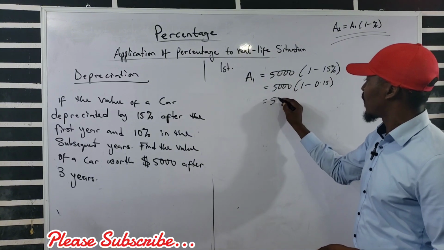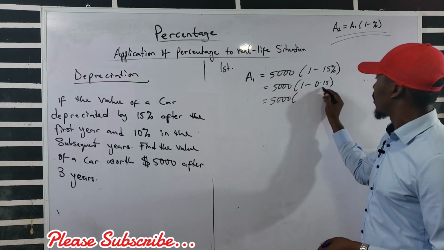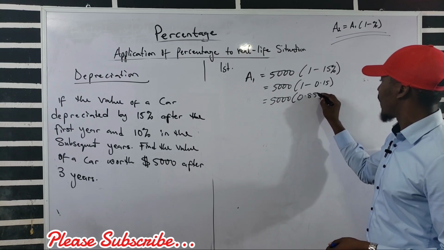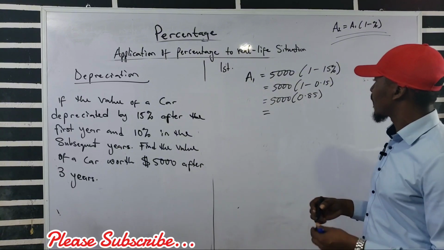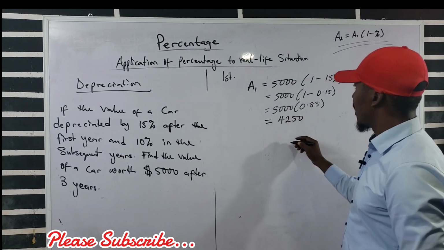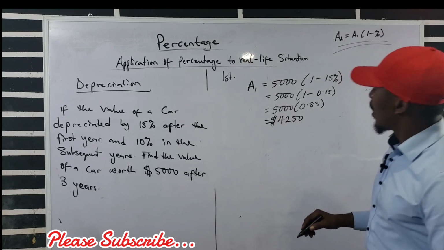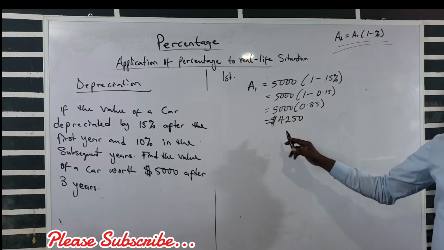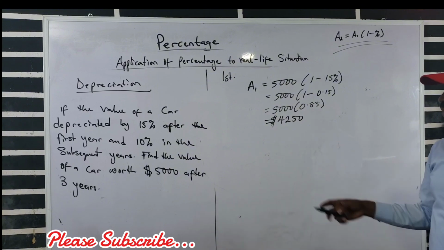So 5,000 into 1 minus 0.15 will give us 0.85. So that will give us 4,250. So after 1 year, the worth of the car is 4,250.